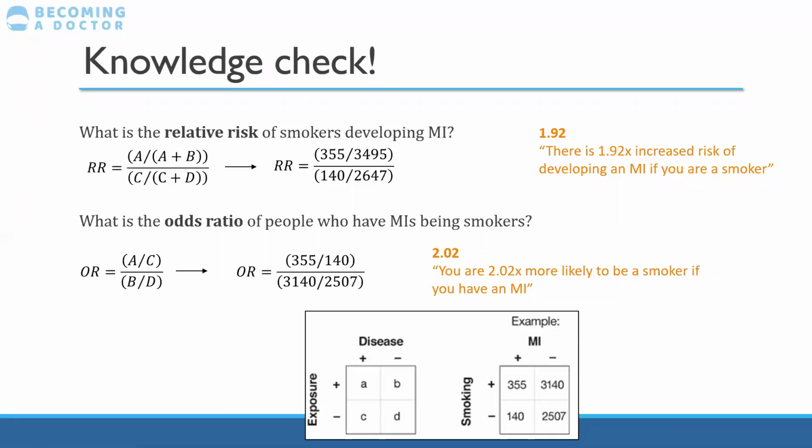But it's just really useful to be aware that you might be asked this in your interview, and I would just memorize those two formulae and be adept at using these exposure disease tables to kind of organize your thoughts and be able to quickly calculate these statistics.